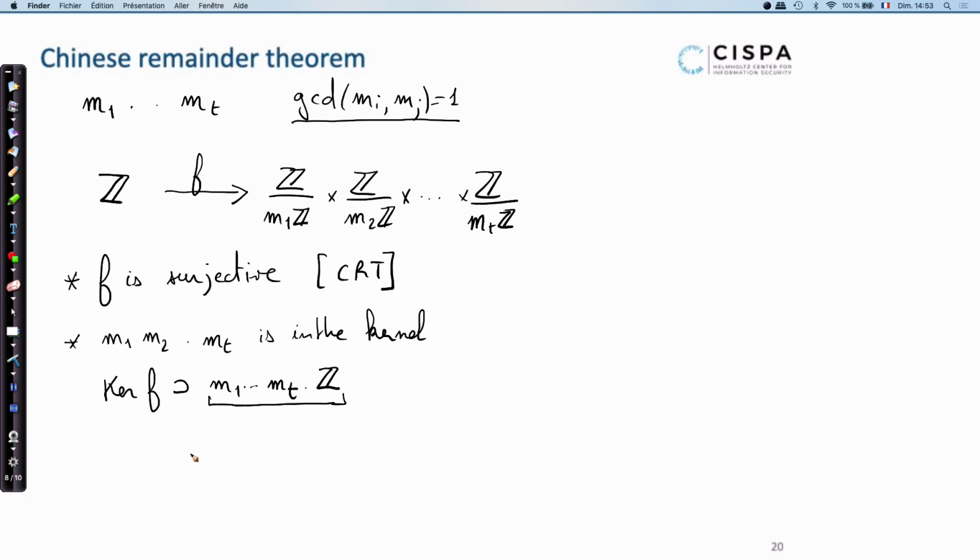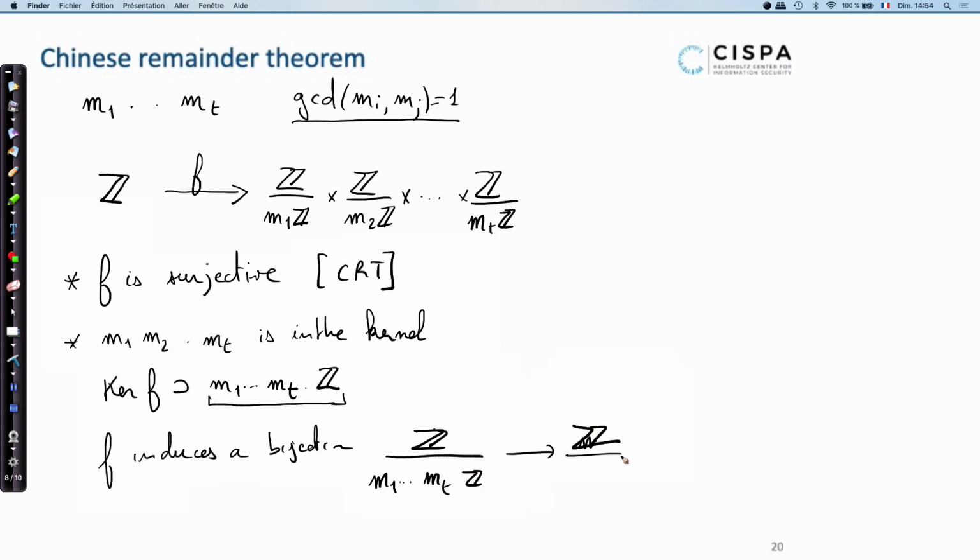Okay, so it means that in fact f induces a bijection from Z over m1...mt Z to Z over m1Z times ... times Z over mtZ.